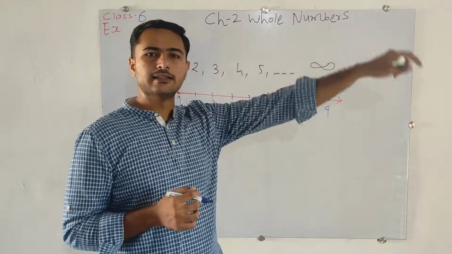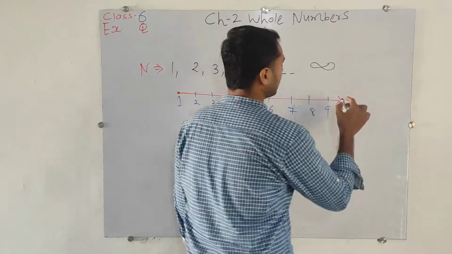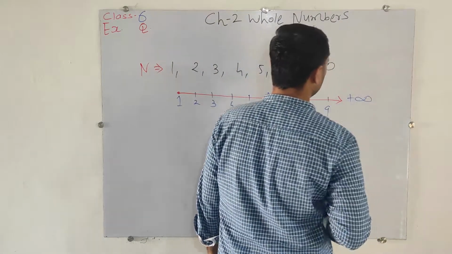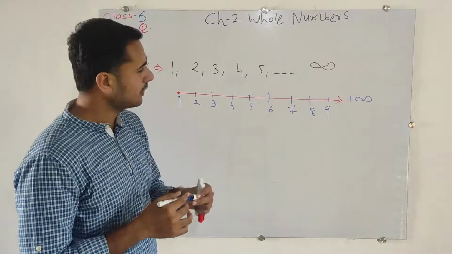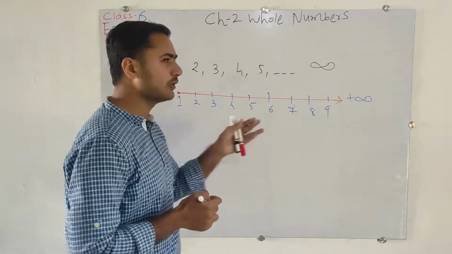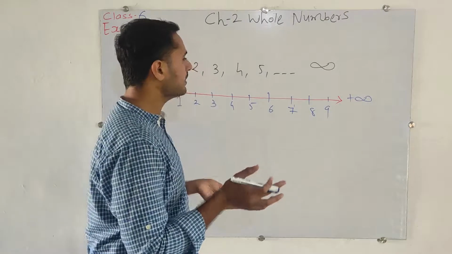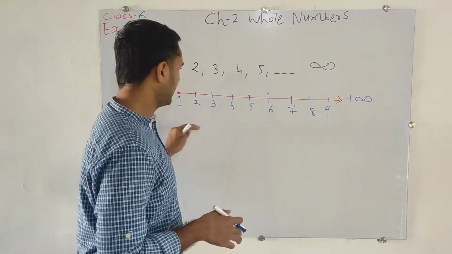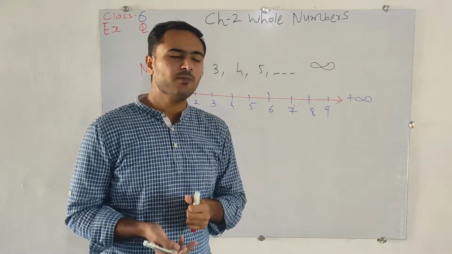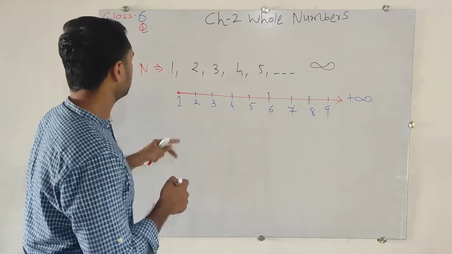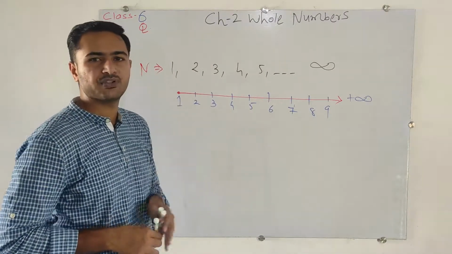It goes till infinity, so here I can write plus infinity. I denote the plus sign because these are all positive numbers. For the negative numbers we will discuss later, but right now these are known as positive numbers also, and this is the number line for the natural numbers.